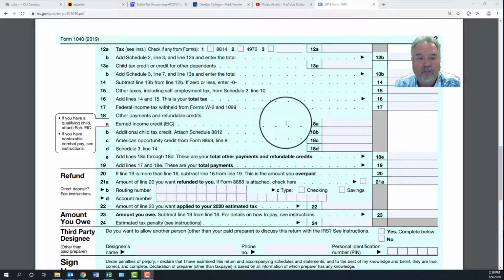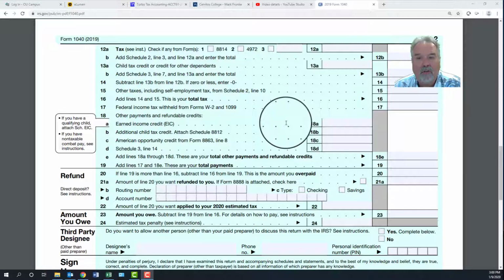Then we're going to deduct from that any federal taxes that would have been withheld from paychecks, any other credits, refundable credits or other payments, any other child tax credits or education credits, so that when we're all done, when we subtract all of those things, withholdings and credits, from the total tax on line 16, we get what either is an amount that's going to be overpaid or an amount that's due.